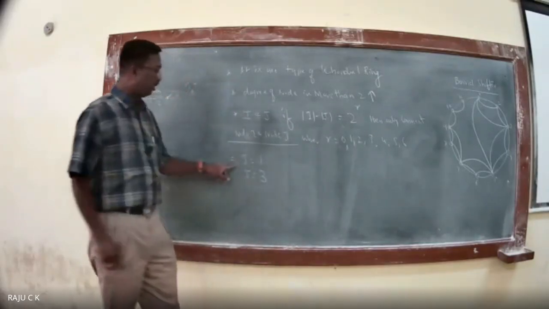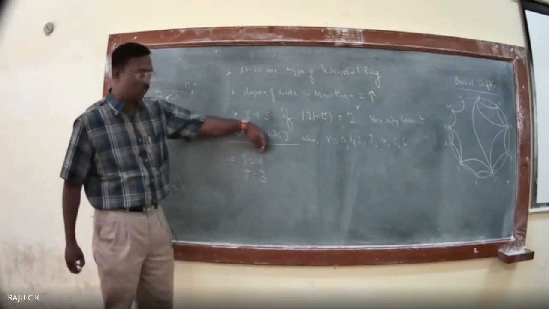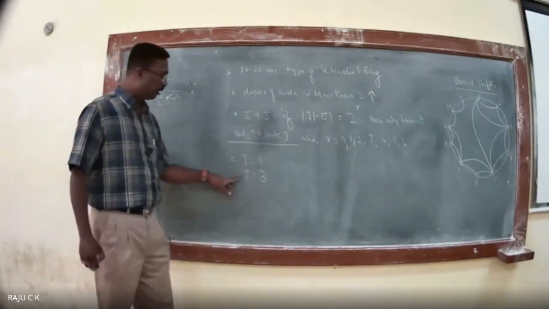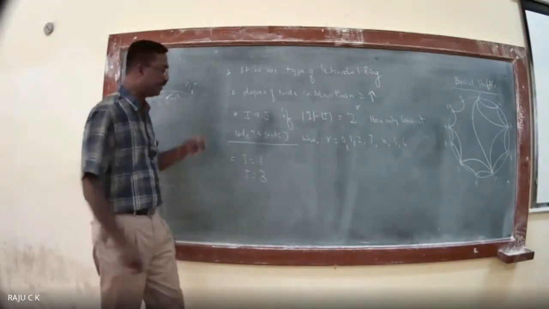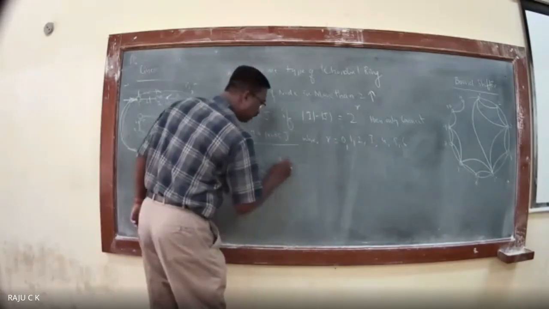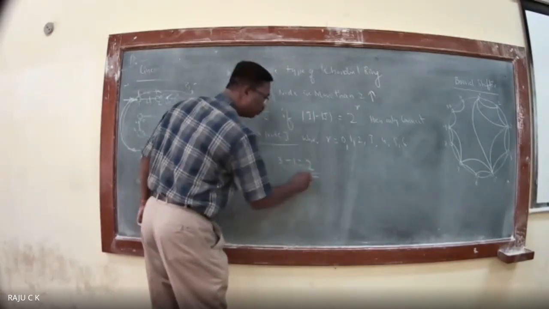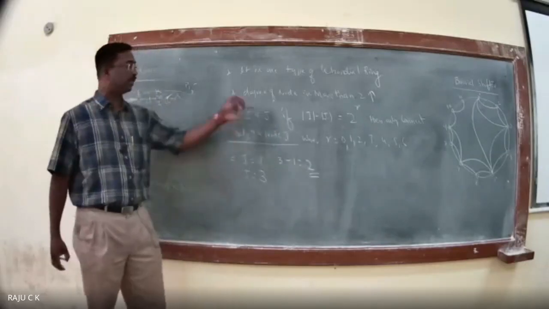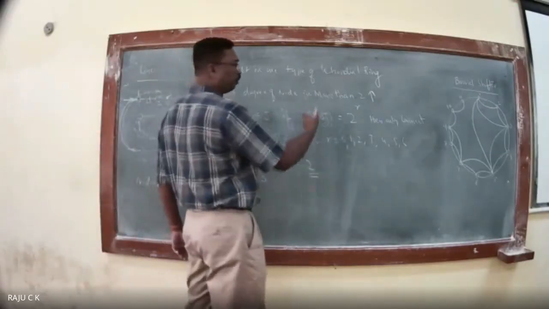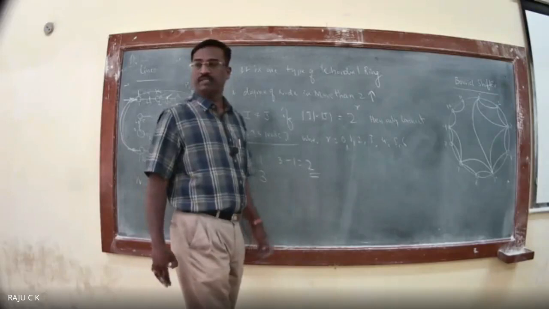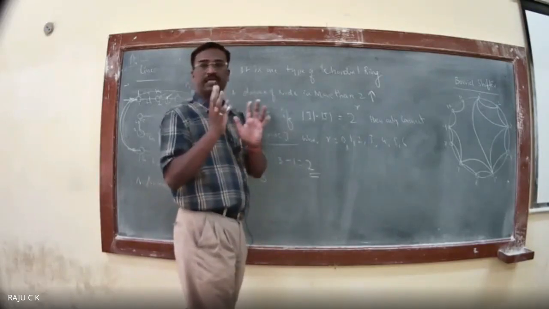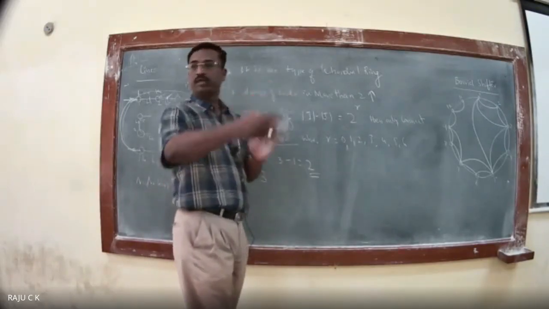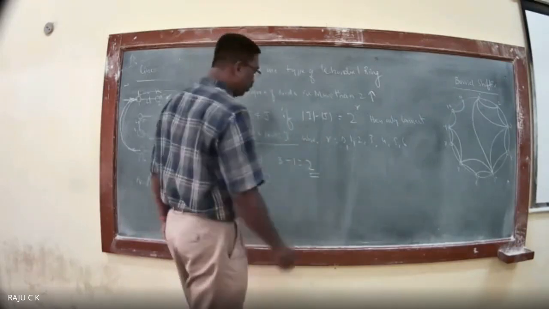Then 3 minus 1 is equal to 2. The highest of I and J should come first and the lowest last, so the result is always a positive number. So that is equal to 2.